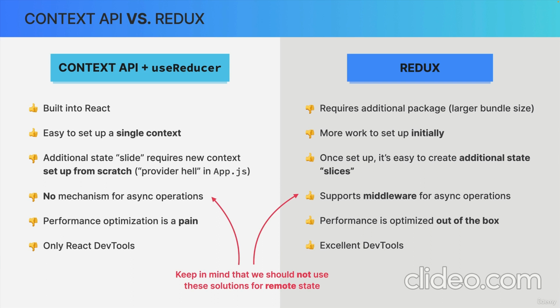So from this list, it appears that Redux has way more pros than the Context API, but that's not really the point here. So we're not counting the pros and cons. I'm just giving you the facts. But now, based on these facts, let's move on to some actual usage recommendations.